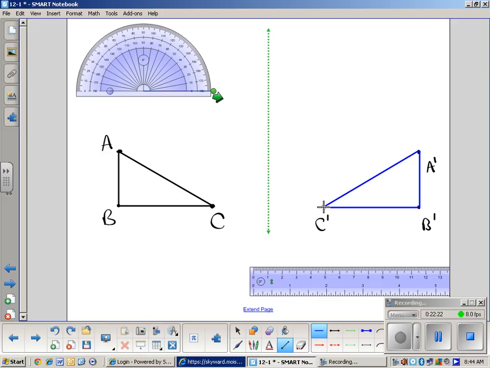I want you to understand that they're the same distance apart. And I want you to understand that they're perpendicular to the reflection line. This line here is perpendicular to this line here. Alright? So I need you to understand those two things.